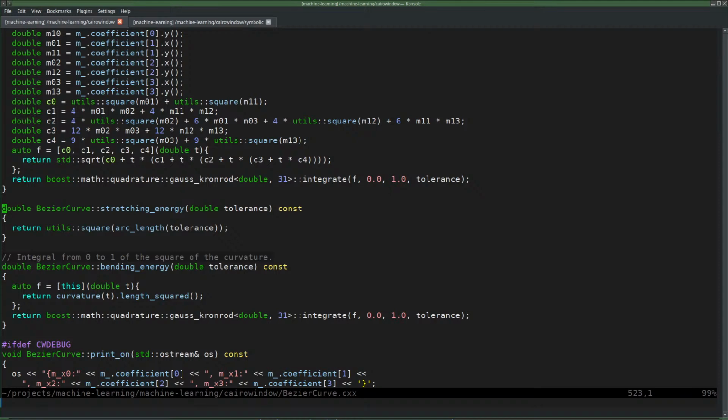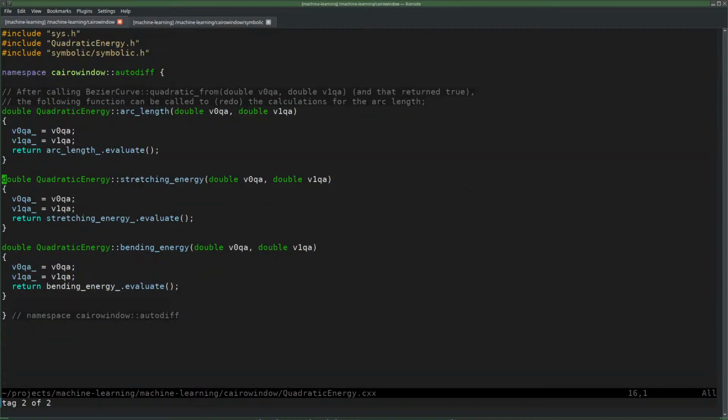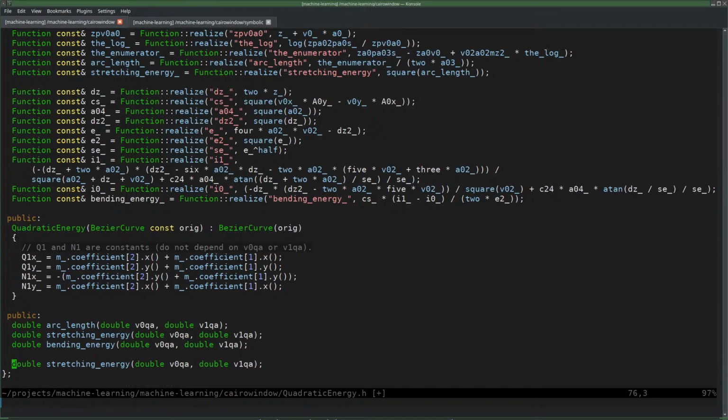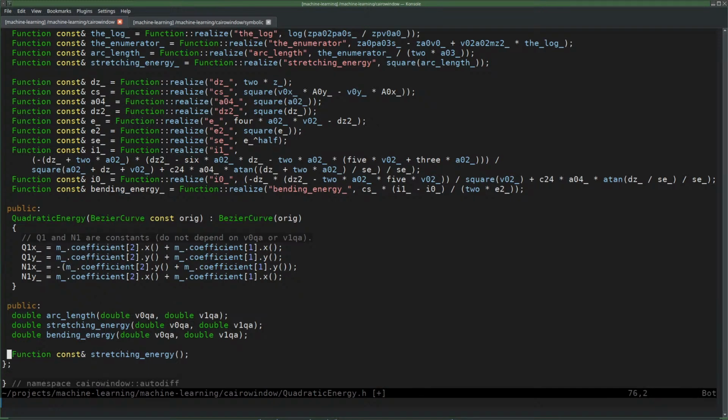So the quadratic energy, stretching energy, without any arguments. I should return a function. Function? Yeah, well, it is a function. Man, damn it. It does make an accessor for it.